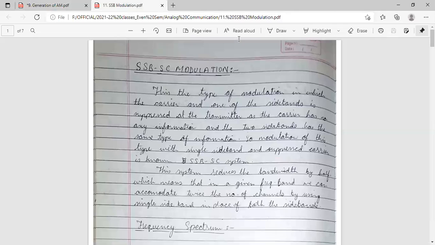Okay, now we will see single sideband modulation. So are you able to see the notes of single sideband modulation? SSBSC. Yes, sir. So what does this SSBSC represent?